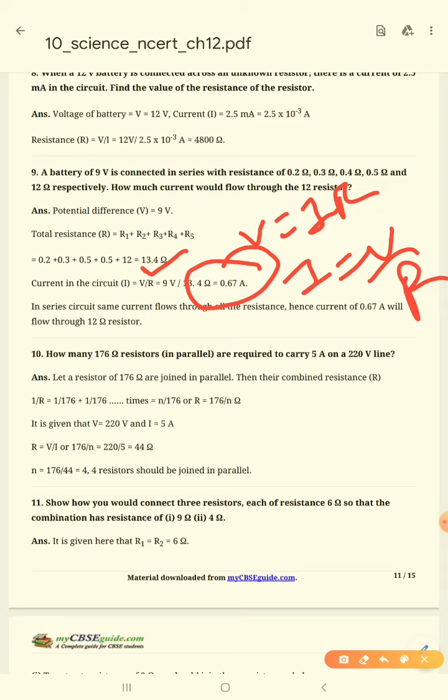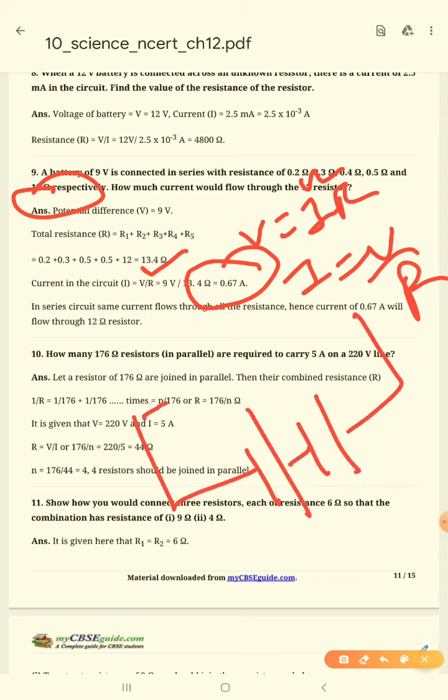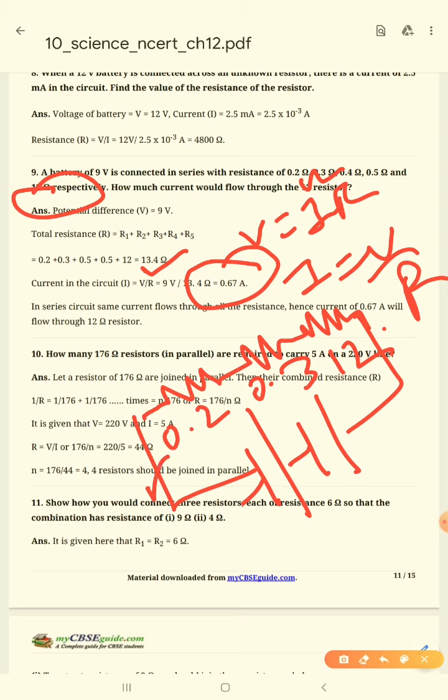Then we have the total current in the circuit. Now it is asking how much current would flow through the 12 ohm resistor. This is the 12 ohm resistor. Remember this thing: when we connect in series combination, suppose this is point 1, this is point 2, this is point 3. The total current is 0.67 ampere, which we already found.